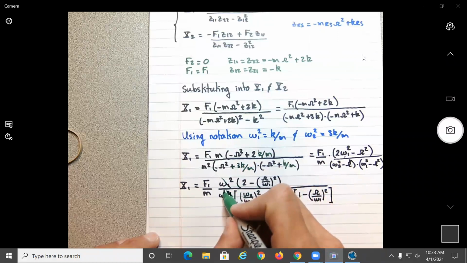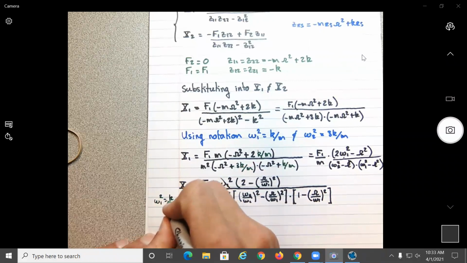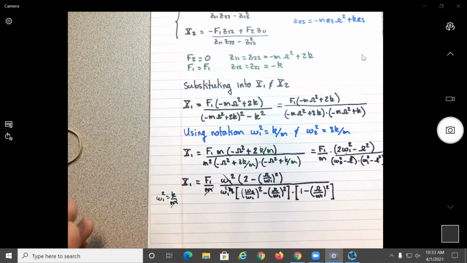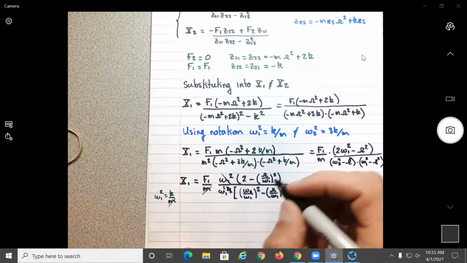So you're left with a square. And then what do you know? Omega 1 square is equal to K over M. So if this is equal to K over M, that means that the M is going to cancel out, and we're left with a K. Again, this is just algebra. It's not that important, but since we don't really use the textbook, I want to give it to you.